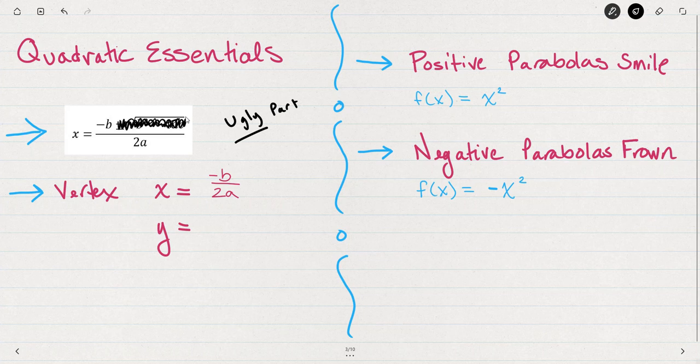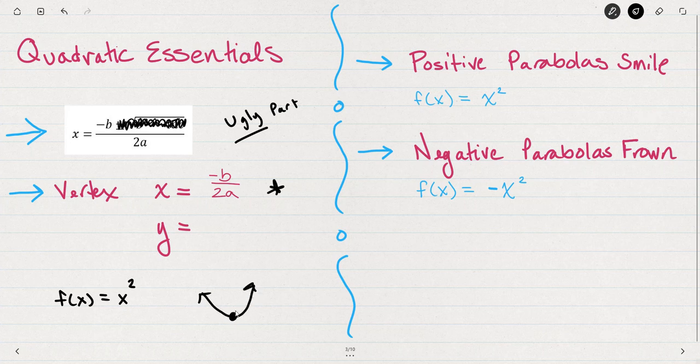That in itself, that opposite of b over 2a, is going to be a really important formula to use to find the vertex of a quadratic equation. So the graph of a quadratic equation gives us a parabola. Here's an example of a basic quadratic equation, and it gives us a parabola.